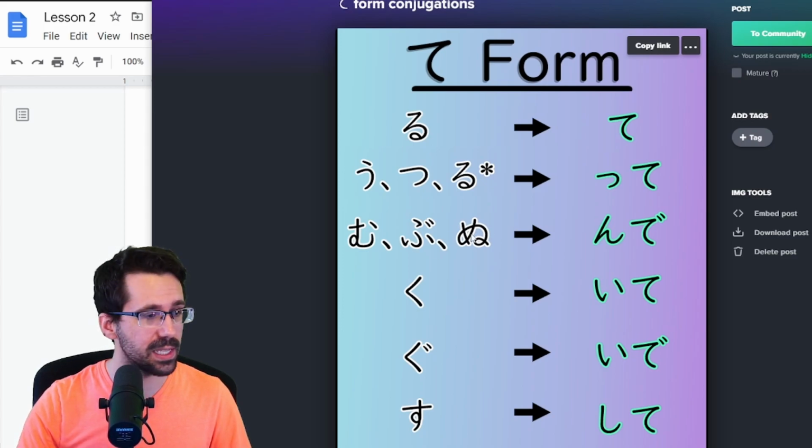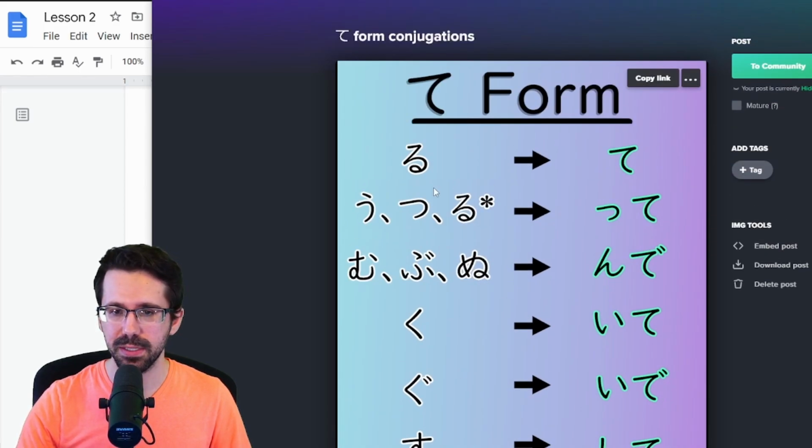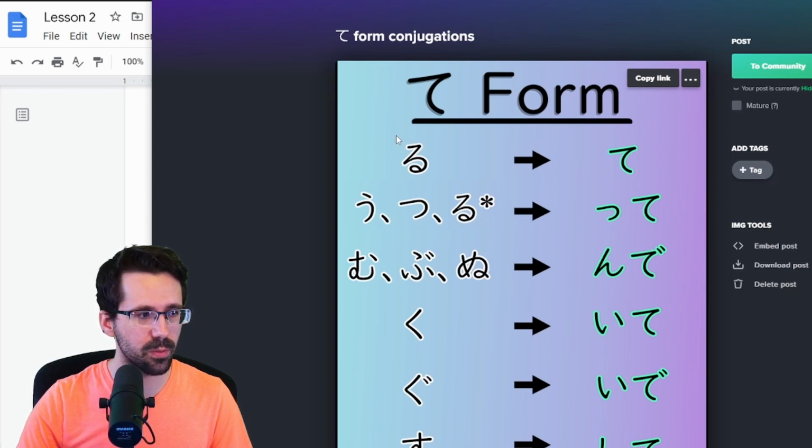Again, any verb that ends with nu will go to unde. Any verb that ends with ku goes to ite, except for our exception of iku. But ru verbs, depending on the word, will conjugate one of two ways. It'll either conjugate this way, the ru verb way, or this way, kind of the secondary u verb way.